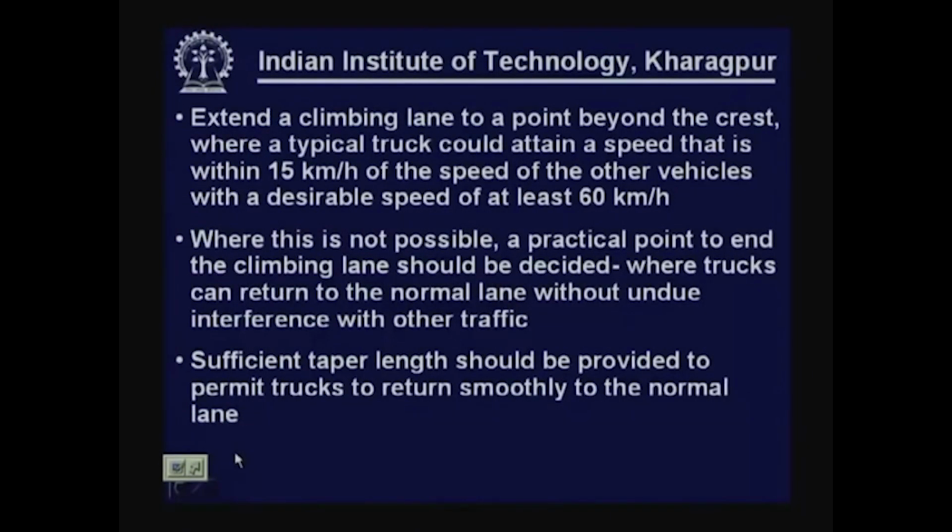Again, needless to mention, sufficient taper length should be provided to permit trucks to return smoothly to the normal lane. Here also, match it with driver behavior, the way the vehicle moves and operates, and provide smooth tapering so that the vehicle can smoothly come back to the original lane.